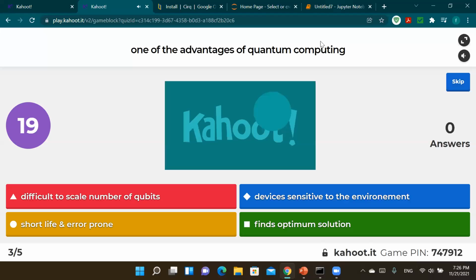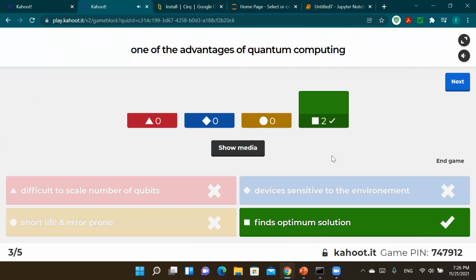One of the advantages of quantum computing is finding the optimum solution.